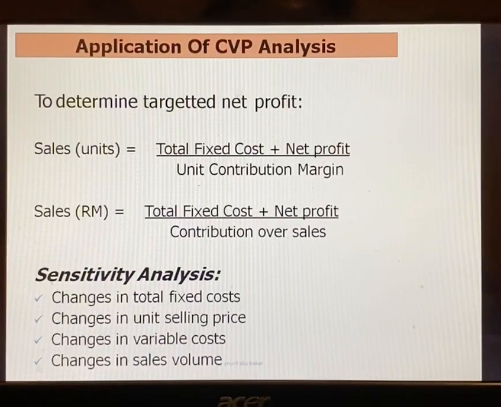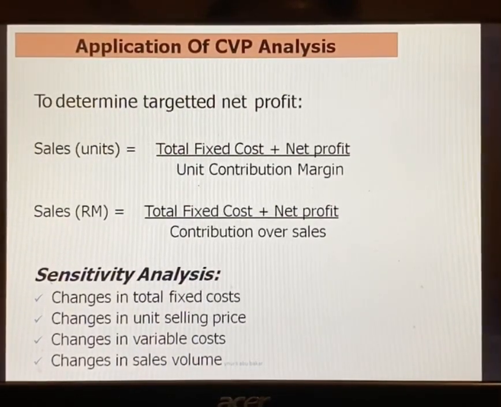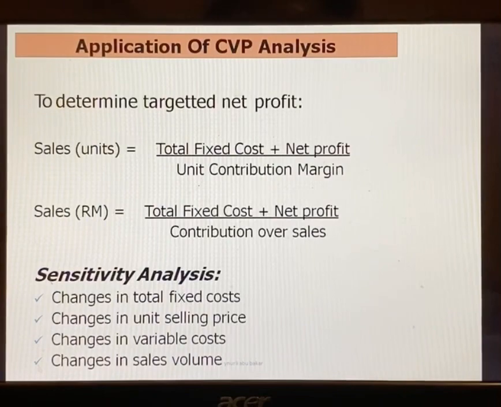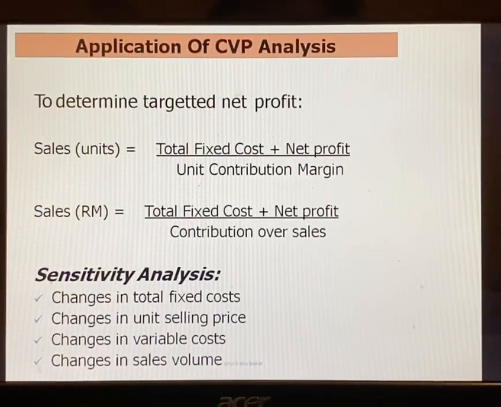The applications of cost volume profit analysis. The CVP analysis is important to determine the targeted net profit, or to determine the sales level in terms of units, or the monetary value in Ringgit Malaysia, if given a target profit.